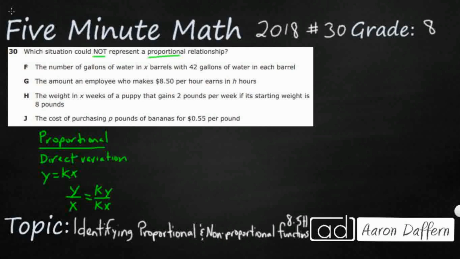But we get the non-proportional. So that's the one we're looking for, the one that's not proportional. It's going to look similar. But instead of direct variation, it actually takes a form called the slope-intercept form, which we've been doing a lot of work with this year in 8th grade. So it starts similar, y equals mx.